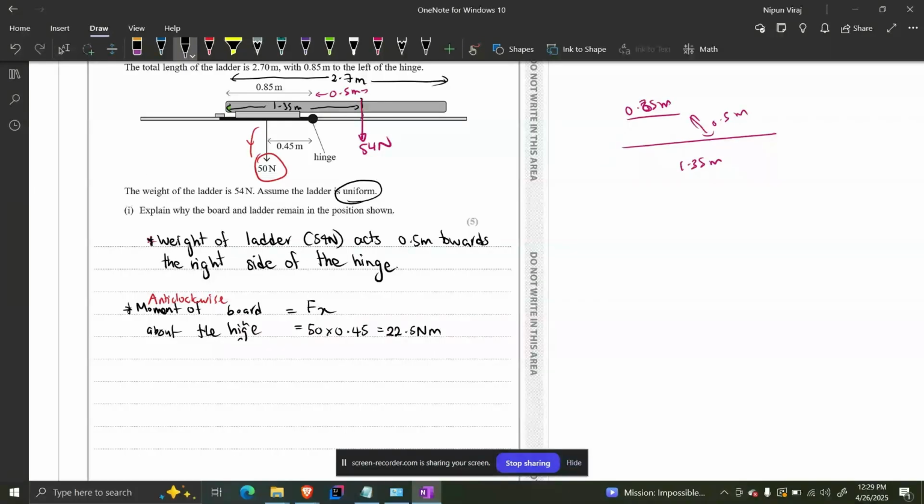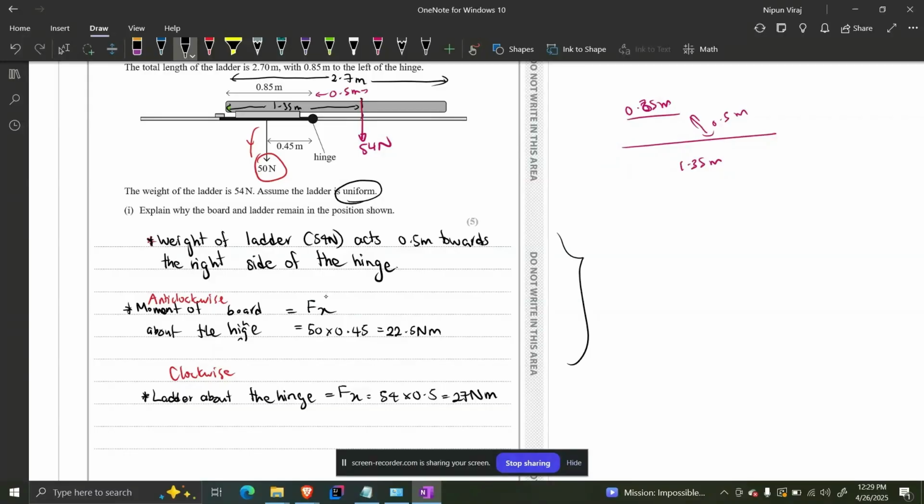If you take the clockwise moment, which is caused by the ladder, meters.